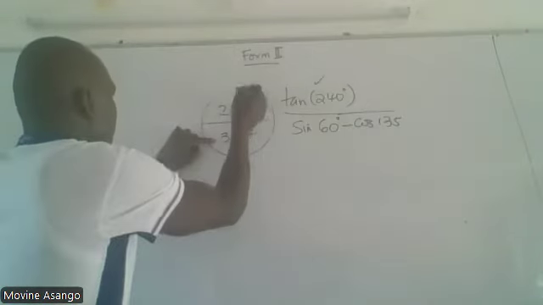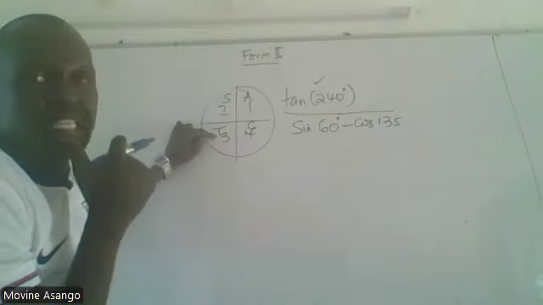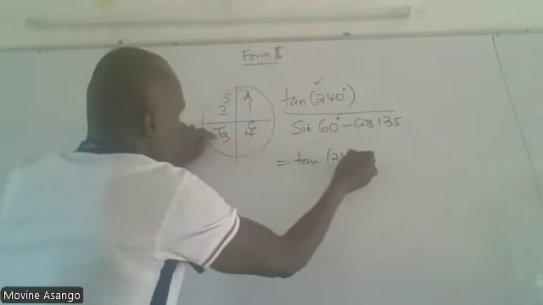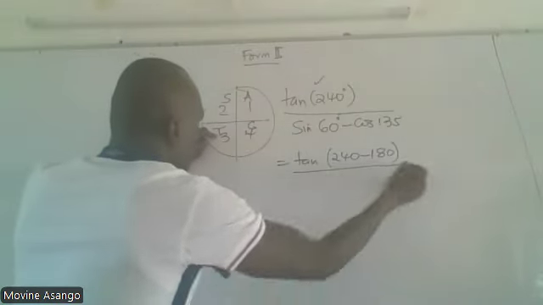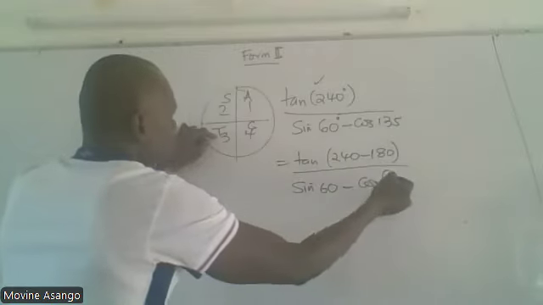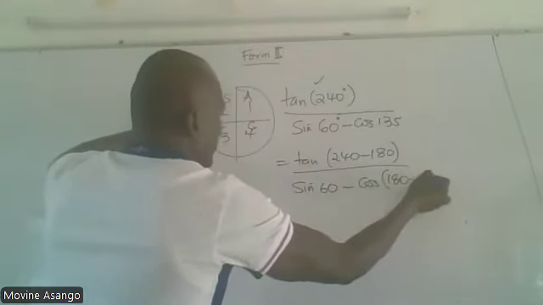All students take. So in the third quadrant, tan is positive. So we are talking about tan of 240 minus 180, the component of that. This is just sin 60. Cos 135 is in the second quadrant, 180 minus 135.